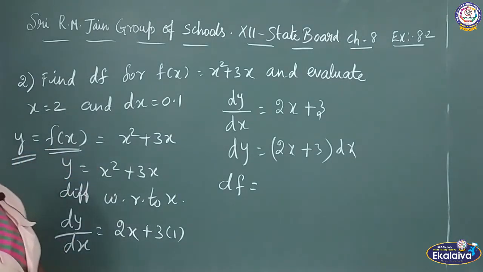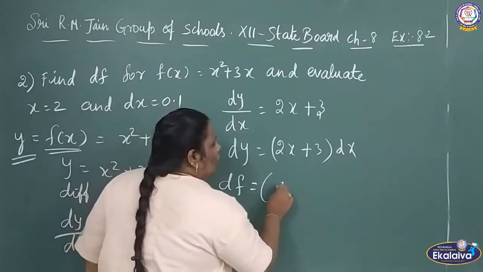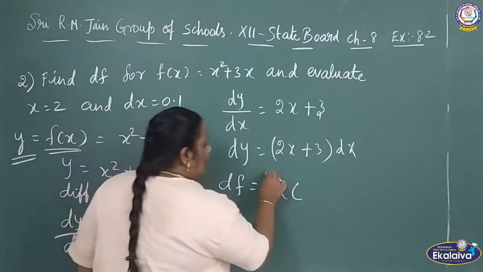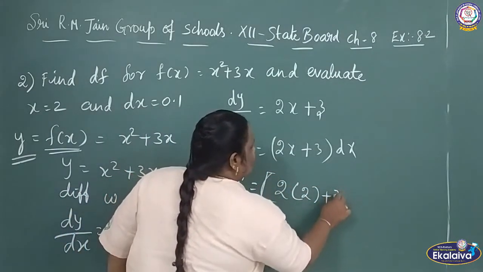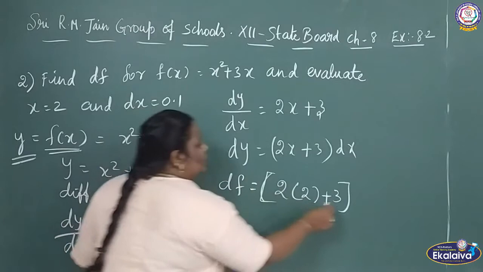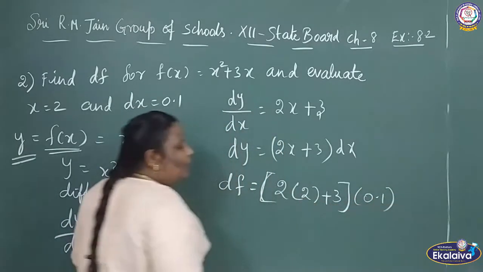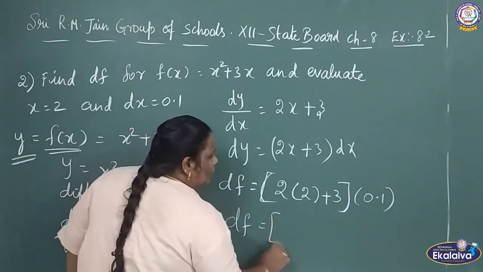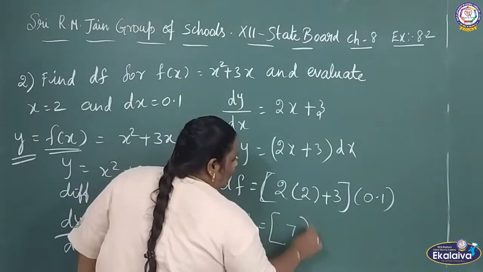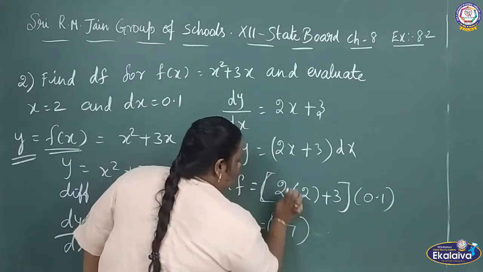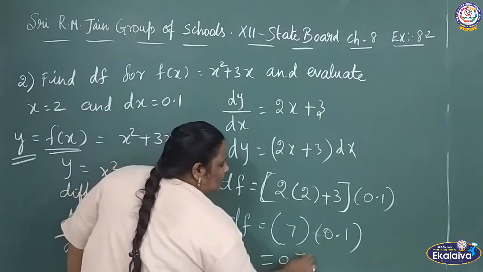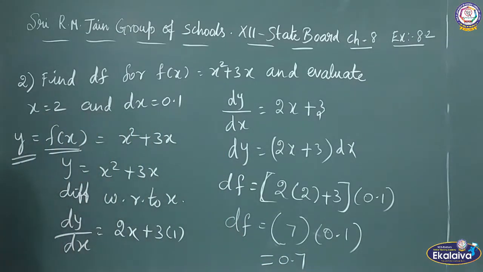So df equal to 2 into 2 plus 3, into the dx value, which is 0.1. So df equal to 4 plus 3, 7, into 0.1. The value is 0.7.